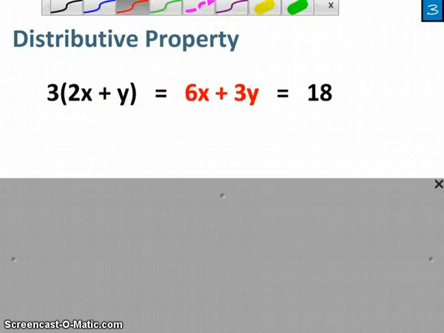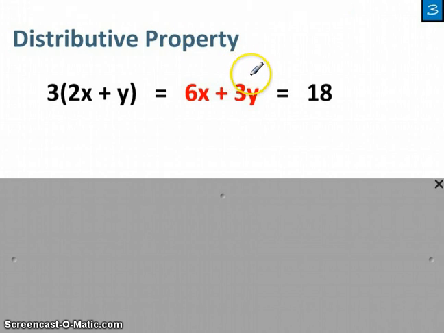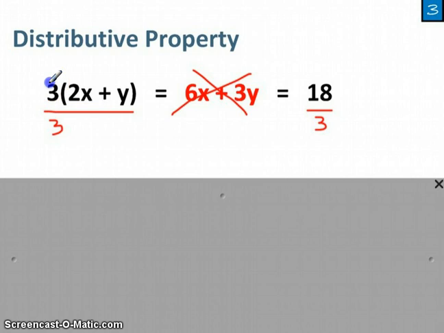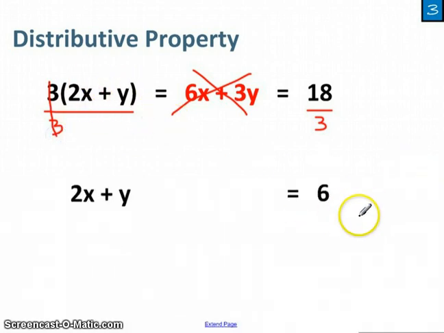And now this becomes a whole lot easier to solve. Instead of dealing with this, I've got this, which I can divide by 3, as long as I'm dividing both sides by 3. Now those cancel out, and I'm left with 2x plus y is equal to 6. A simpler result.